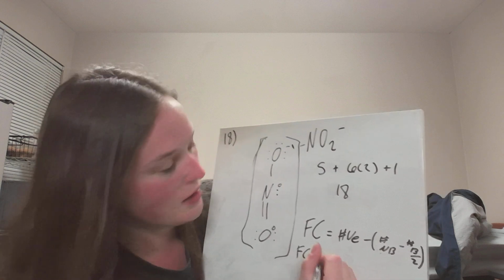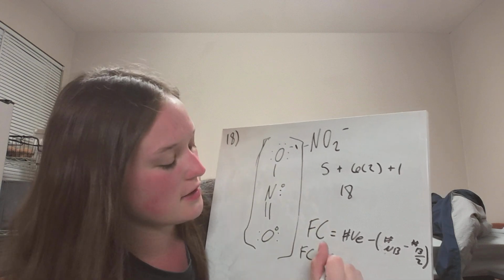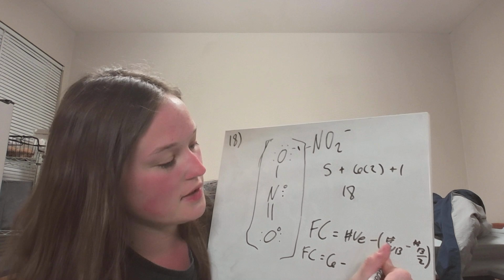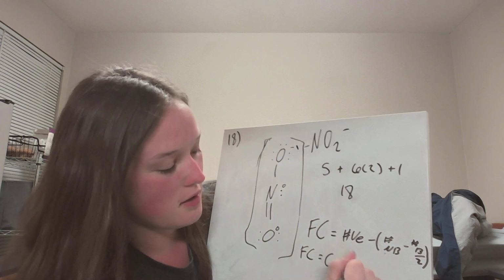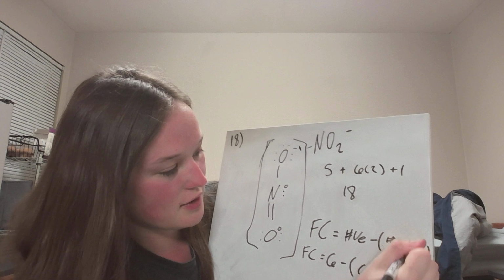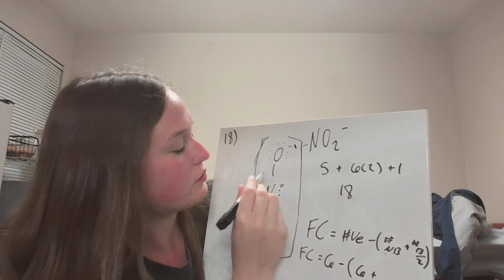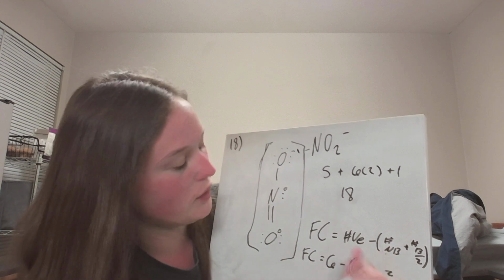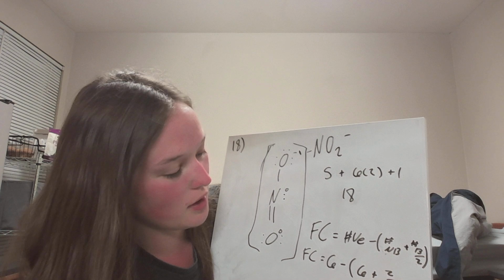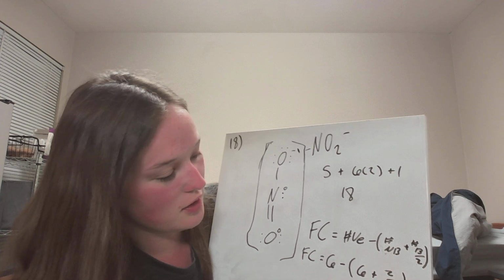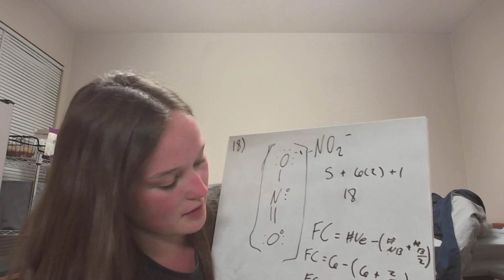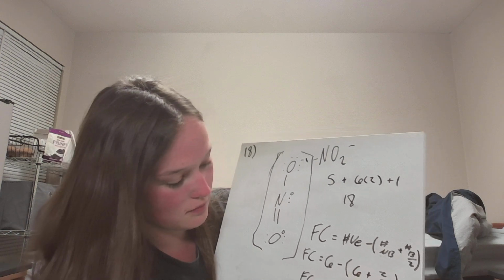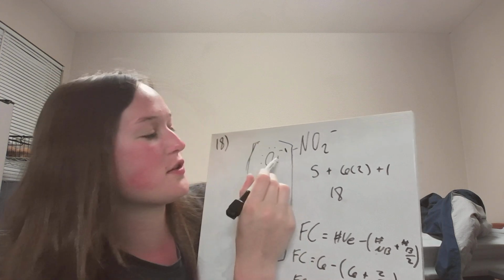So oxygen has 6 valence electrons minus the non-bonding electrons, 1, 2, 3, 4, 5, 6, plus 2 bonding electrons over 2, so 6 minus 7, and you're going to get negative 1.